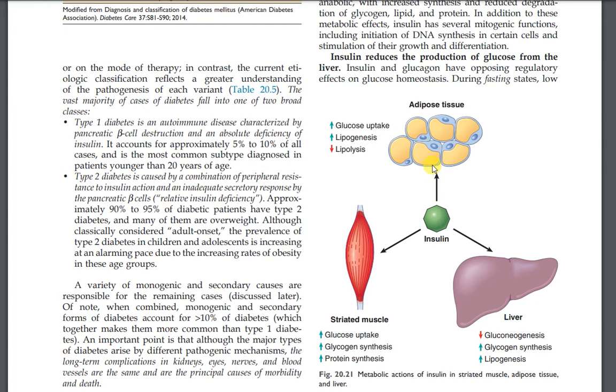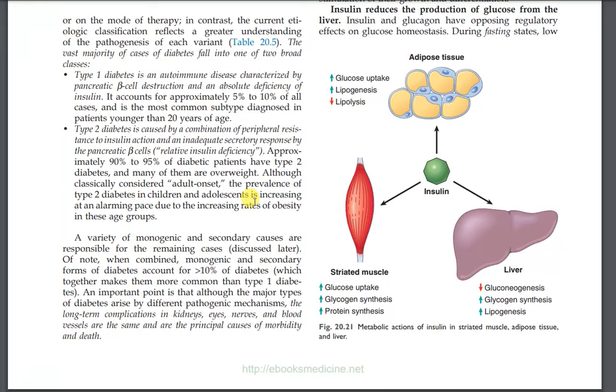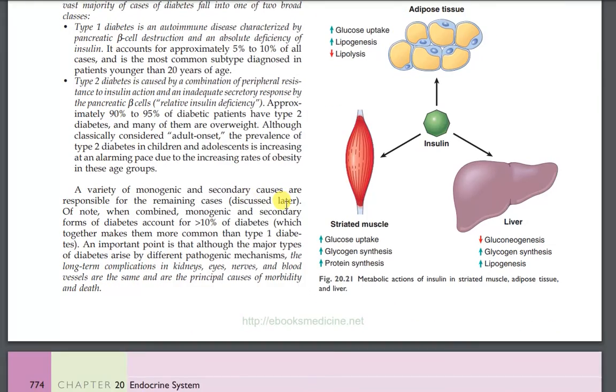And that's why diabetes mellitus type 2 usually happens after the age of 40, 50, 60, when typically happens the senescence of all mechanisms of the body, and particularly here beta cells of Langerhans islets. It's a relative insulin deficiency.